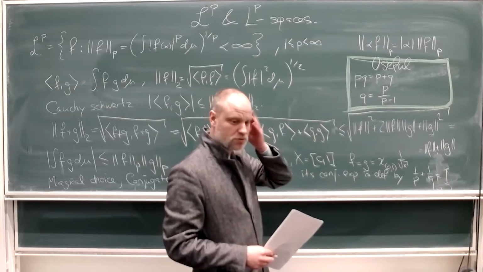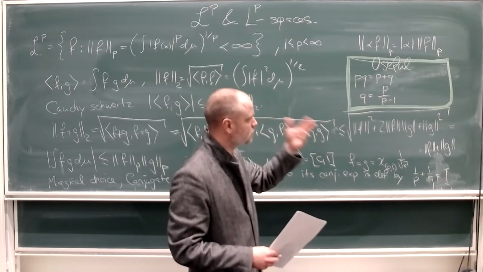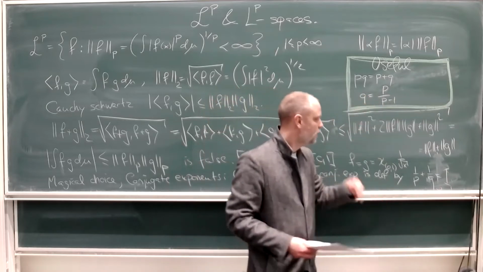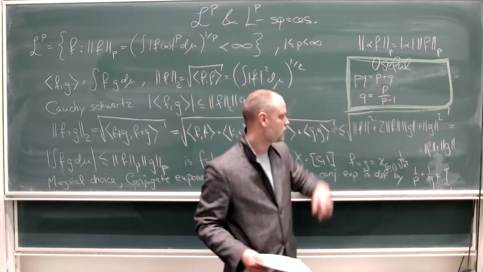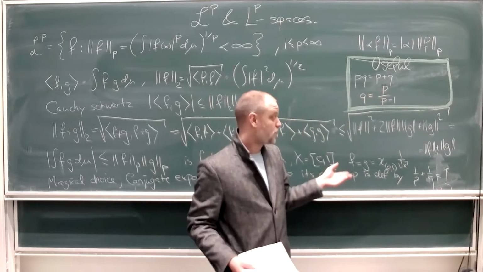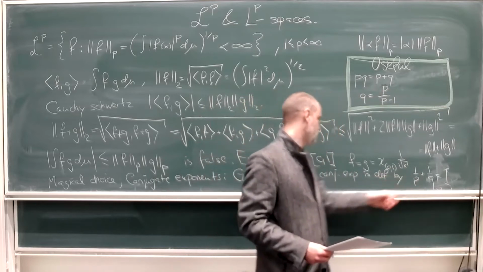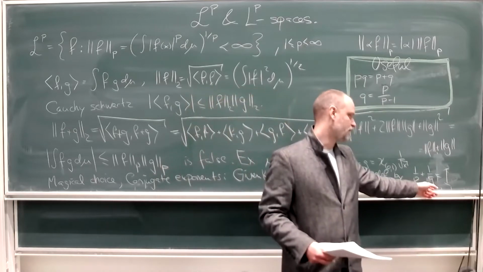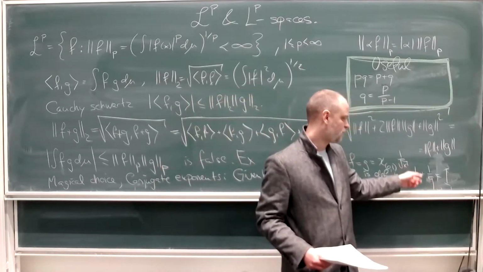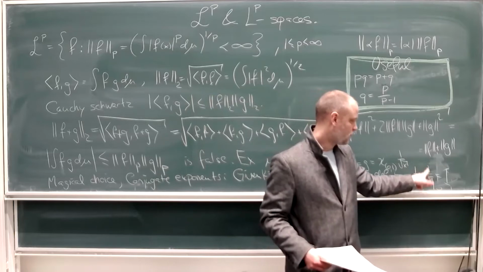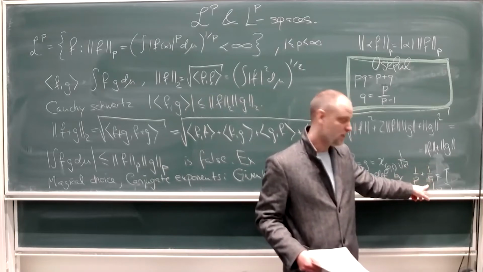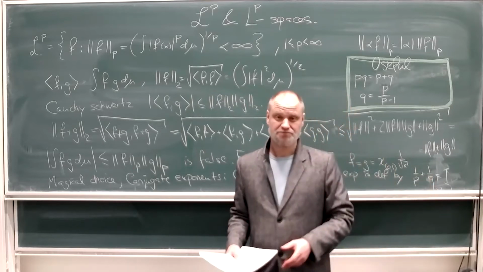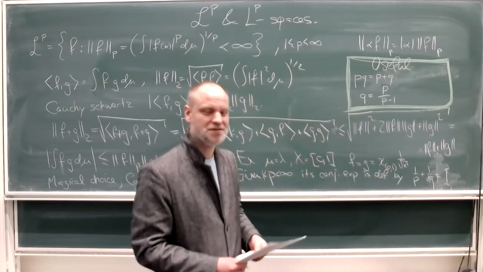Just try to look at them and memorize them, so then it's easier when you see them, I'm just going to flip it around and say, okay, this becomes a q, or this I can replace with that. The good thing is p is between 1 and infinity. What about q? Well, it's also going to be between 1 and infinity, right? Because here I'm going to get a number between 0 and 1, so this number also has to be between 0 and 1, meaning that q has to be bigger than 1, and of course less than infinity.